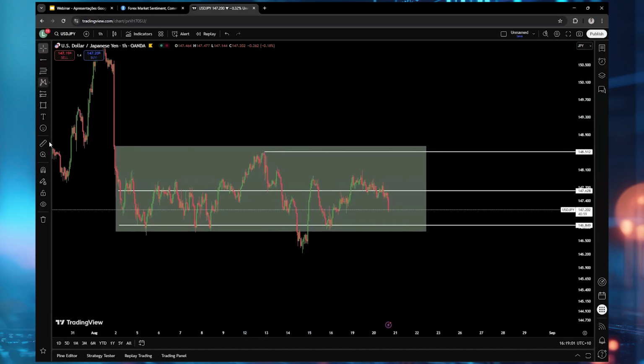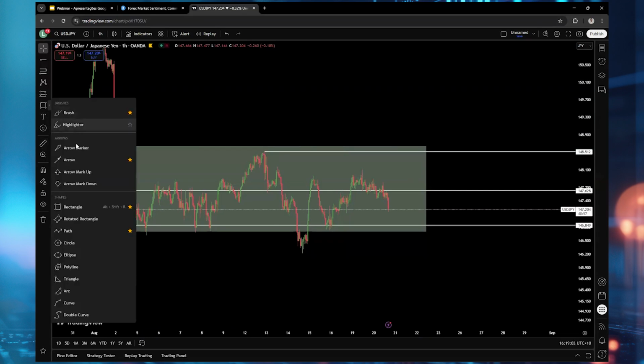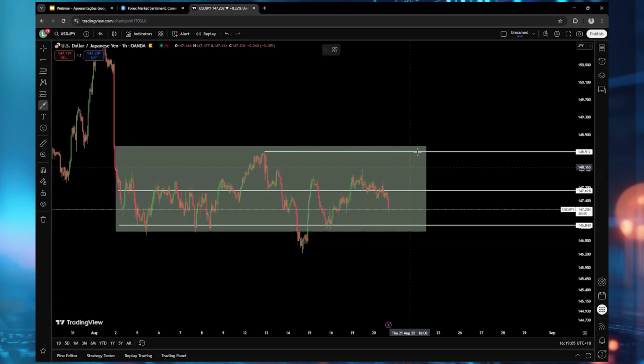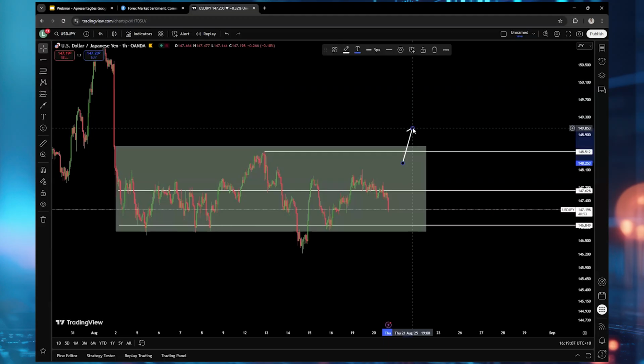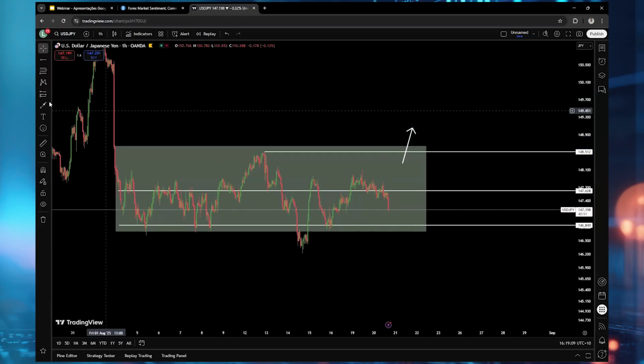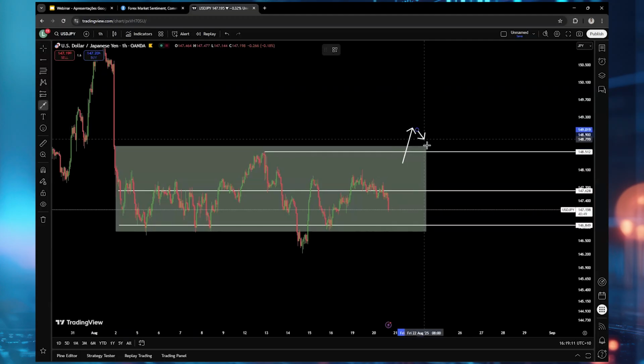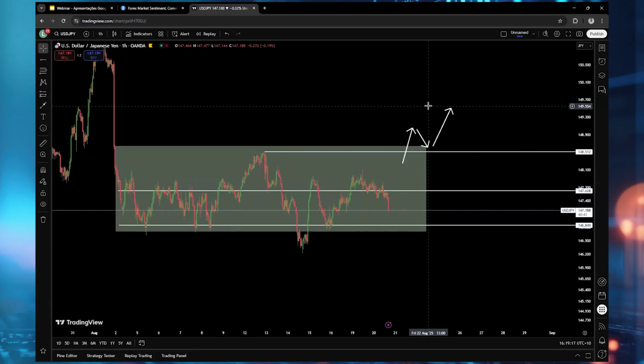Basically, when the market breaks and then comes back to retest, and then it continues to go higher. So that's the moment you enter the position, instead of waiting for a better, higher pullback or whatever.